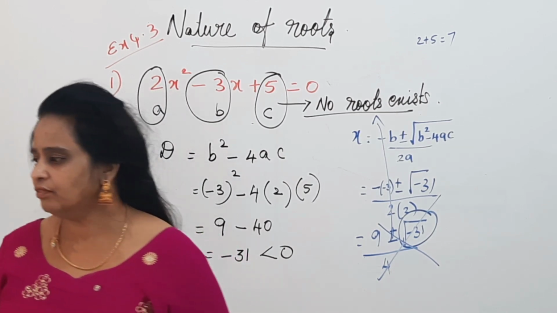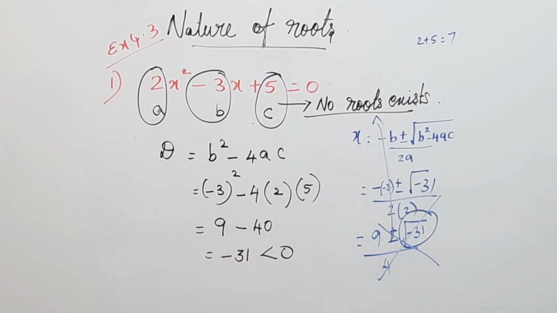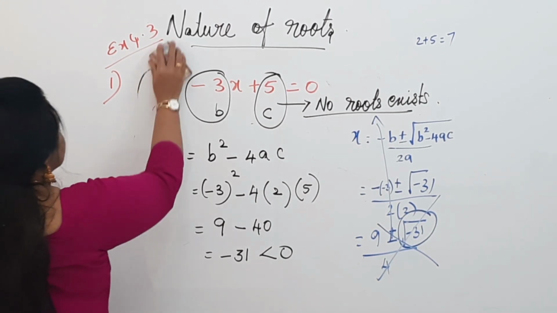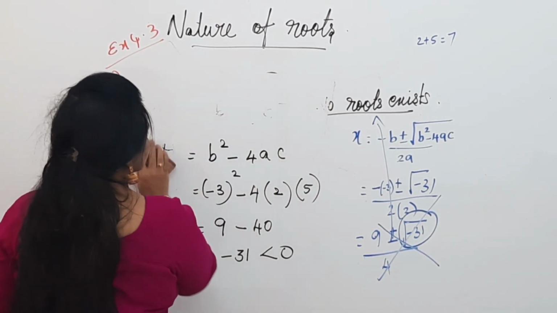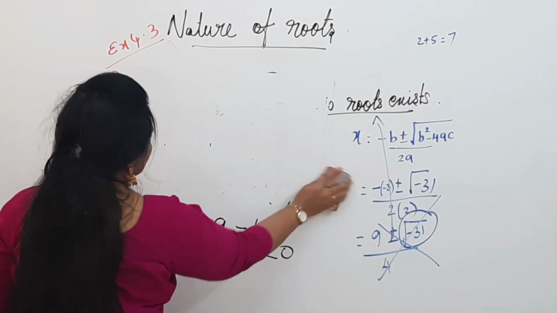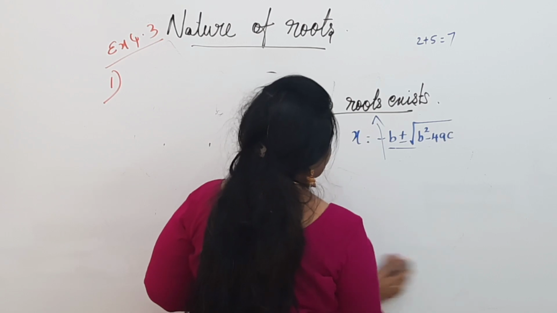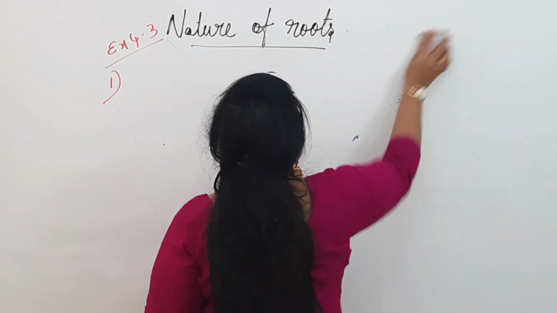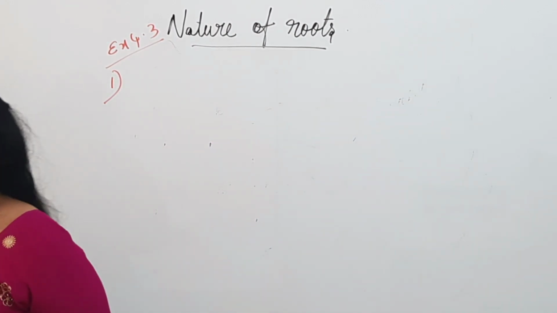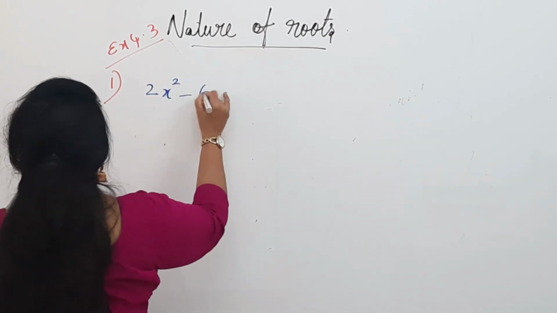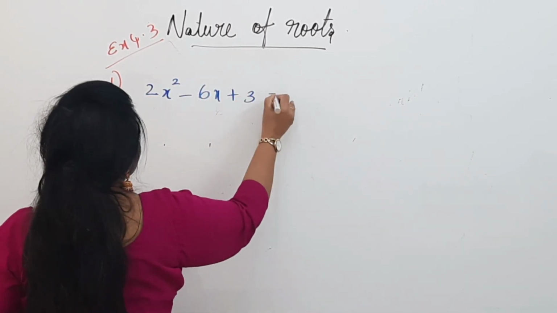Hope you understand. We'll go for one more question. That is the third question of this. The third question says like this: 2x square minus 6x plus 3 equal to 0.